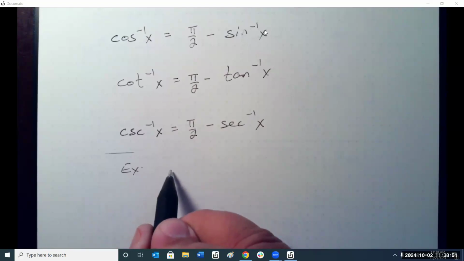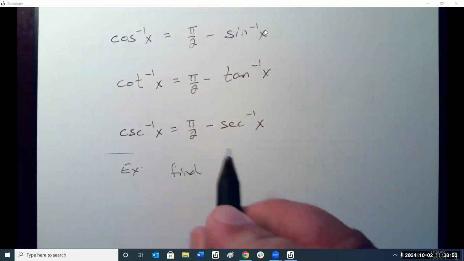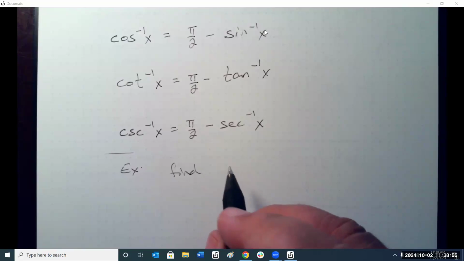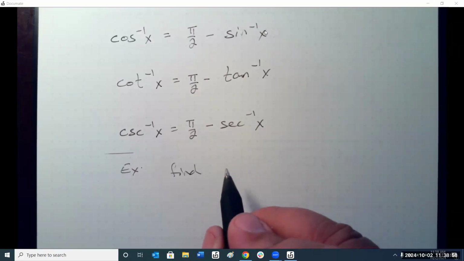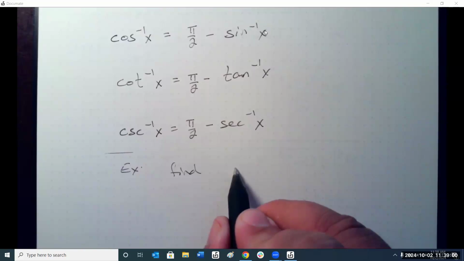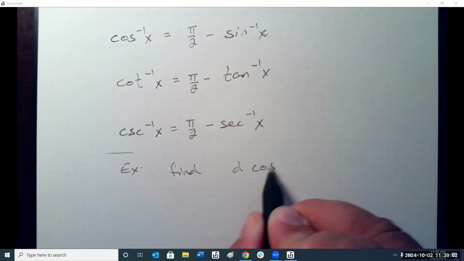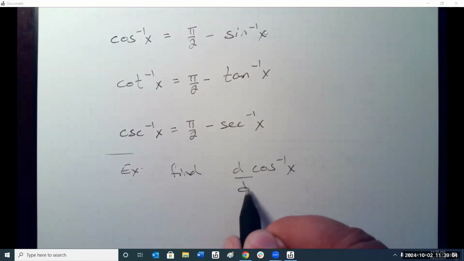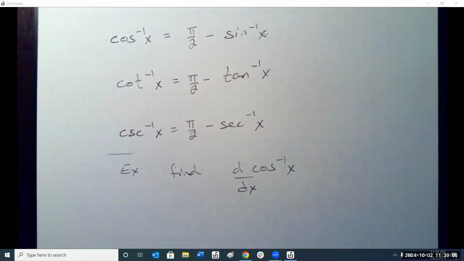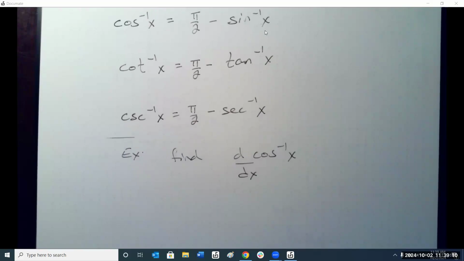Let me see if there's an example. Example: find the derivative of the inverse cosine function using what we just have up there.